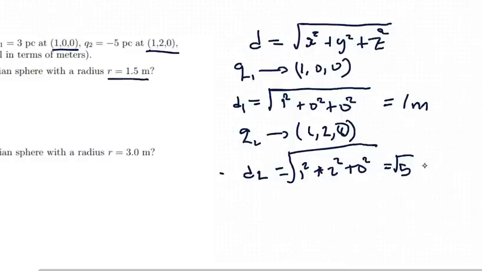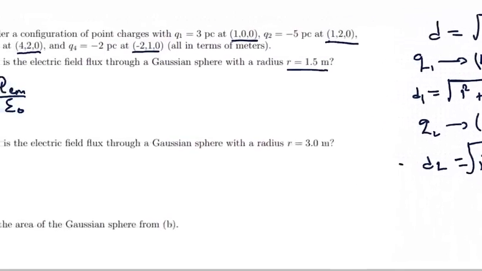So the square root of 5 is approximately 2.24 meters.